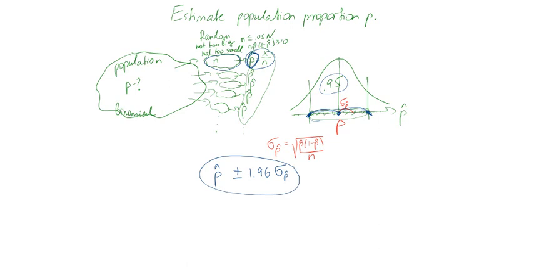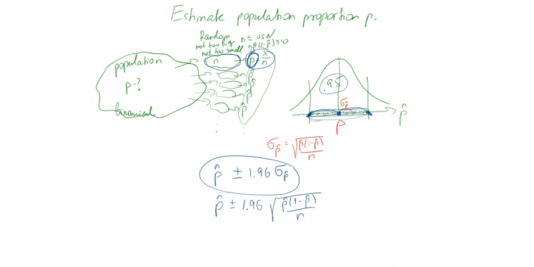Now, why am I using p-hat? Because that's just what I know, and that's my point to estimate. And I know the p-hat is somewhere inside of this interval, around the p. So that means p would be part of this interval built around the p-hat of this size right here, 1.96 sigma p-hats, which means that your formula for your confidence interval, 1.96 in this case, of these standard deviations out.